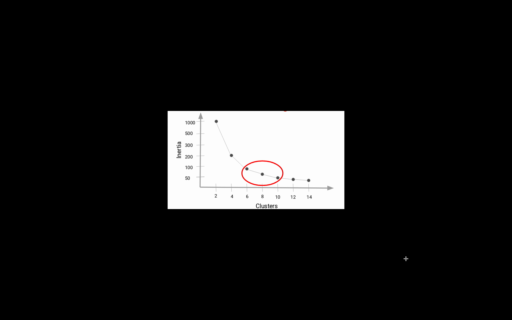First of all, we compute the sum of squared error, or SSE, for some values of k, for example 2, 4, 6, 8, etc. The SSE is defined as the sum of squared distances between each member of the cluster and its centroid. If you plot k against the SSE, you will see that error decreases as k gets larger.